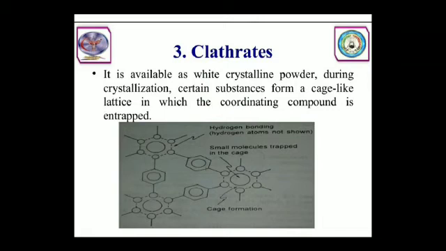The following diagram represents the hydroquinone molecule crystallizing into a cage-like structure with hydrogen bonding. The holes, having a diameter of 4.2 angstroms, permit the entrapment of small molecules.